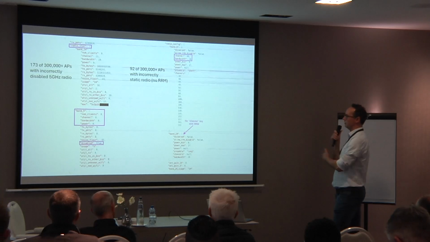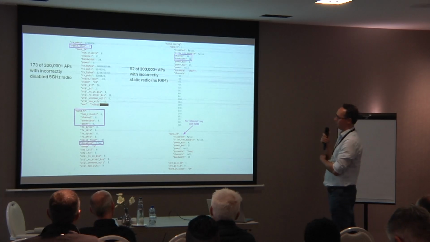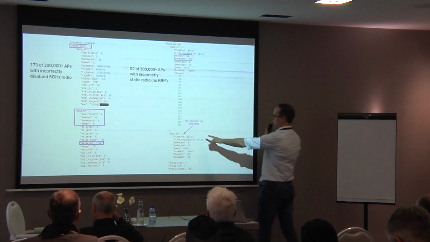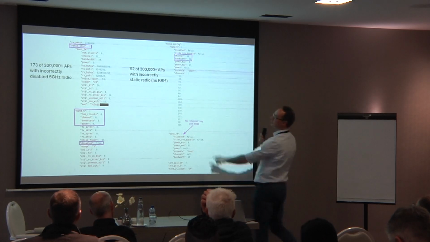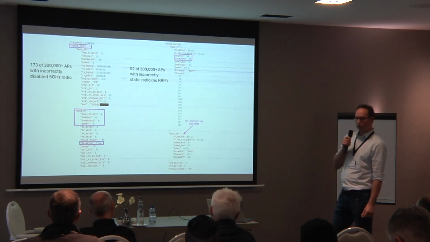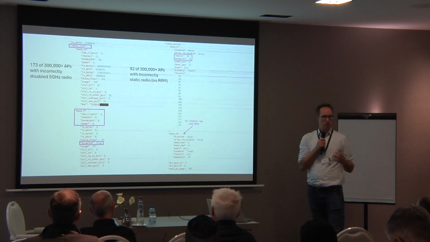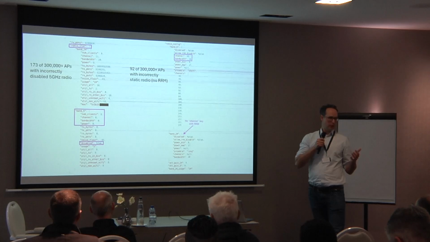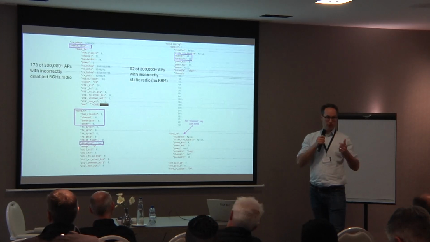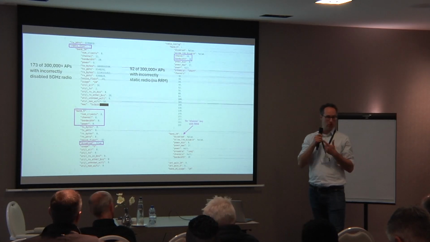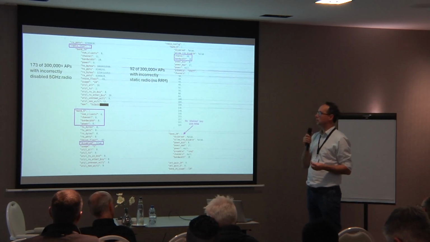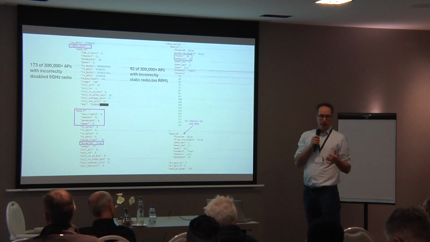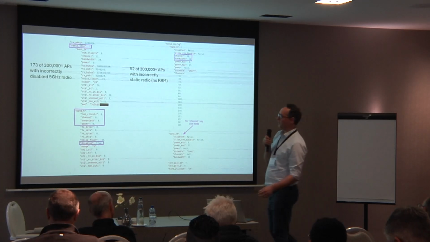On the other side, he found 92 APs that had no key value pair in the structured data for channel. So here you can see that he used coding to extract first one AP and then evaluate the whole bunch of APs to see which ones are affected.